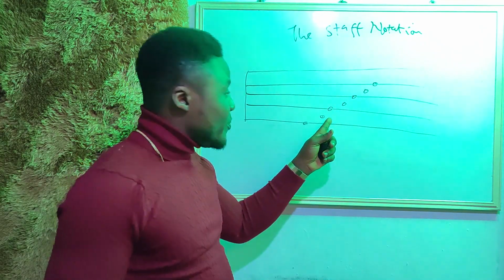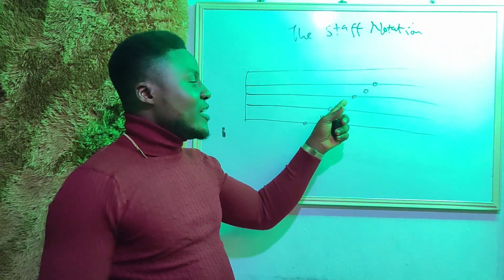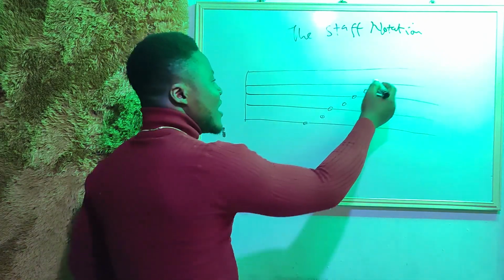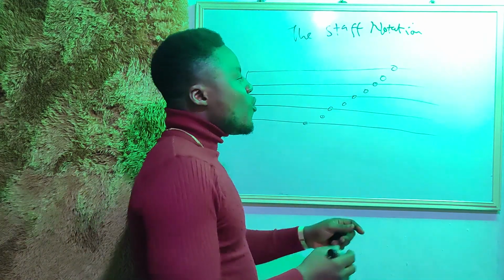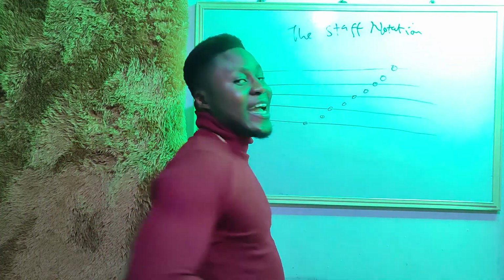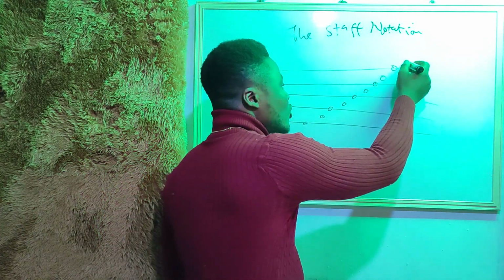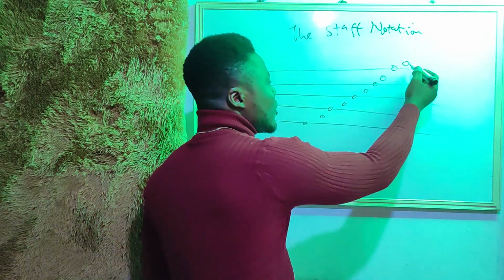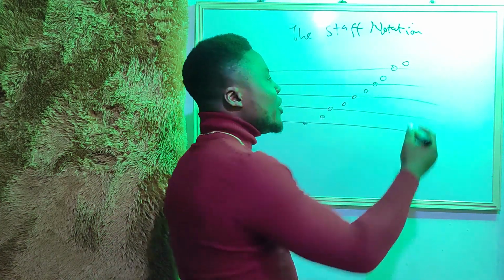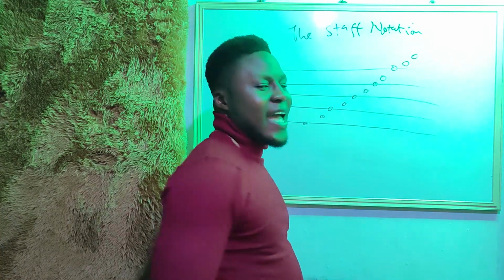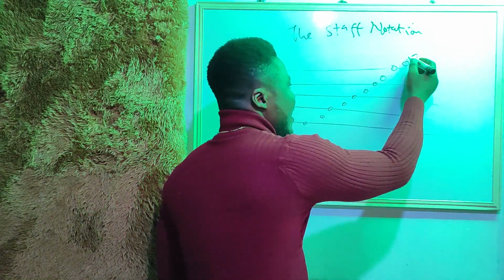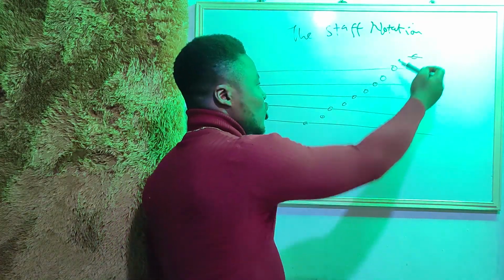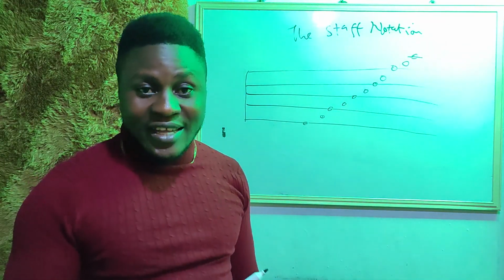It moves from the space to the line, from line to space, space to line, line to space, space to line, and so on. Now when it gets to the last line here, it moves on to the space. Definitely, if it moves away from this space, it should be going into another line. And that is why we draw a small line to come across the notes that is drawn outside the staff.